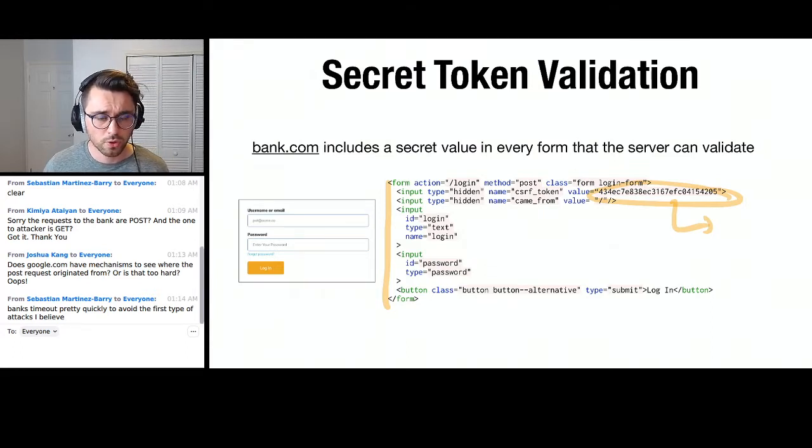Make sense? So we basically include a secret in our forms, and when we send POST requests, we include these secrets back and make sure that they actually match up with something that we've sent before. You can do this with other kinds of requests too, but it gets a little bit tricky. The most important ones are these POST requests.